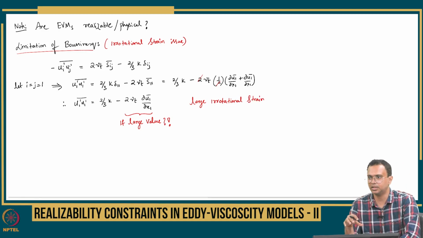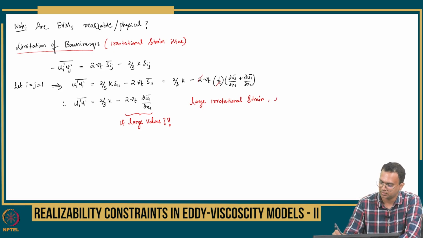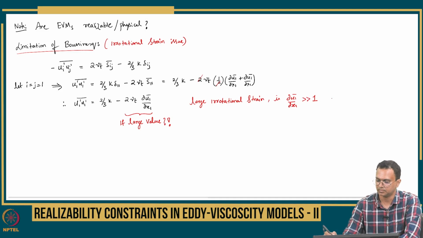So turbulent flow is vortical flow. One of the definitions I told you, turbulence is characterized by three-dimensional vorticity fluctuations. So it is a rotation-dominant flow, not this volumetric strain. But here we have a situation where there can be a large irrotational strain, that is dou u1 bar by dou x1 becoming very large.